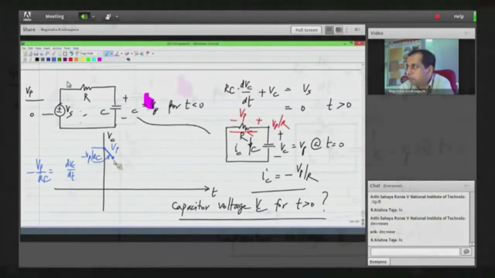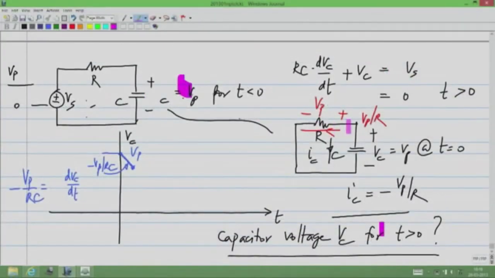Clearly, the voltage across the resistor is also Vc, and as Vc reduces, the voltage across the resistor reduces, which means that the current through it reduces. And if the current reduces, the slope of the voltage also reduces. So it does that, and then that, and so on.